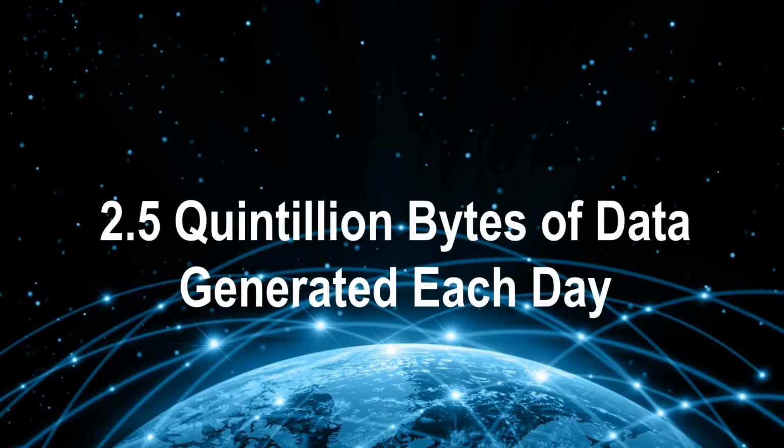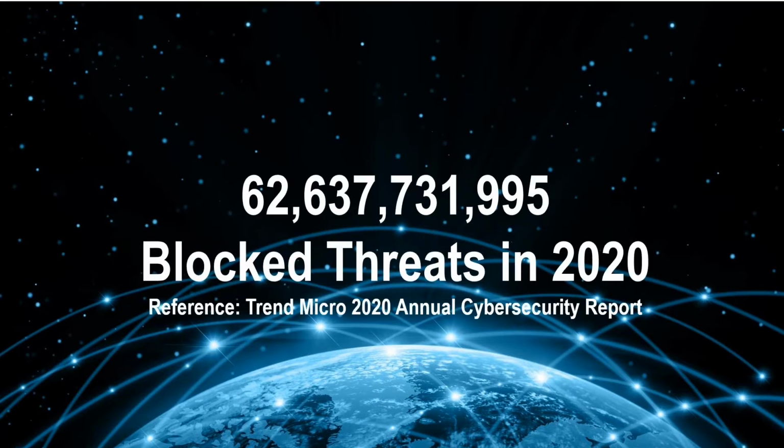Although technological innovations are becoming fast-paced, threats and risks to information in devices and systems are also adapting. So threat data is no exception to the presence of big data. In fact, in the past year, 2020, Trend was able to block 62 billion threats.